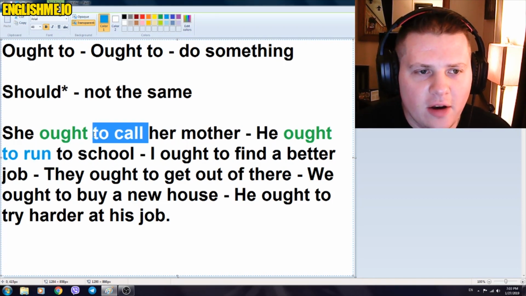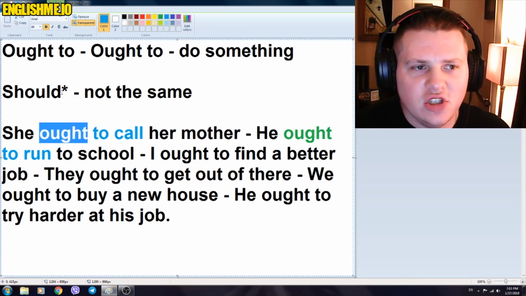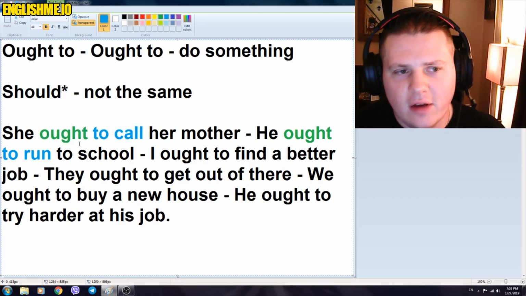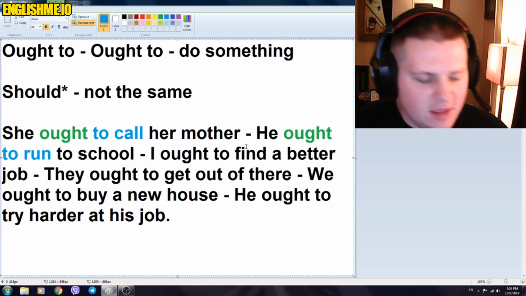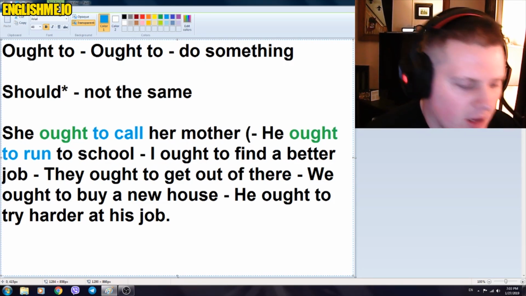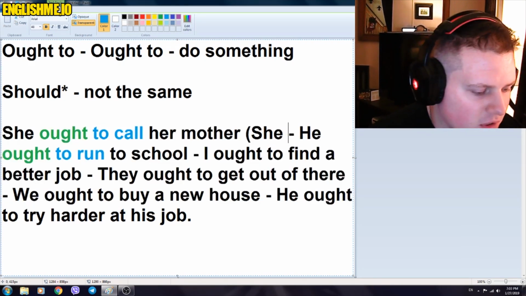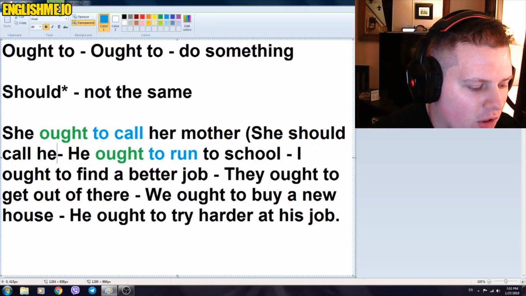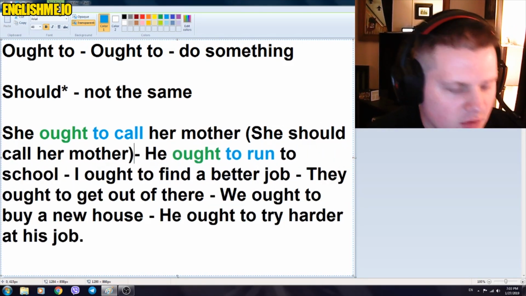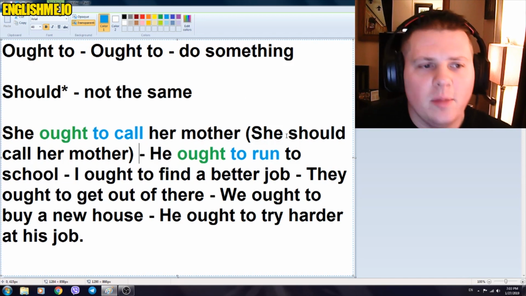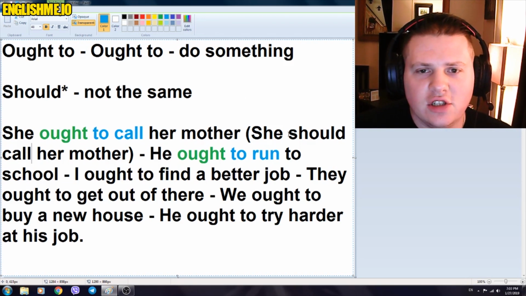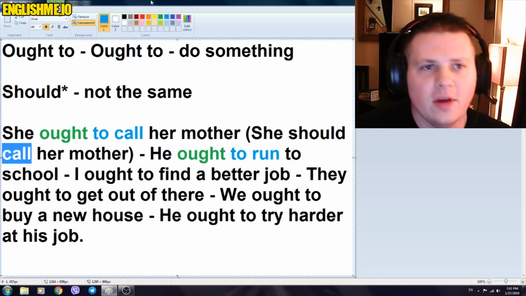So you've got the verb here, and then you have ought here. So it's like "should." It's like you should do something, right? To give you another example that's similar, you can say, she should call her mother. So it's a very similar meaning to this. But here, it's not "she should to call." It's "she should call her mother."